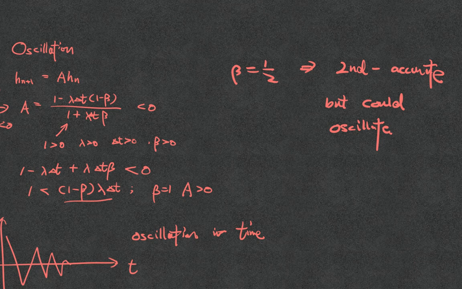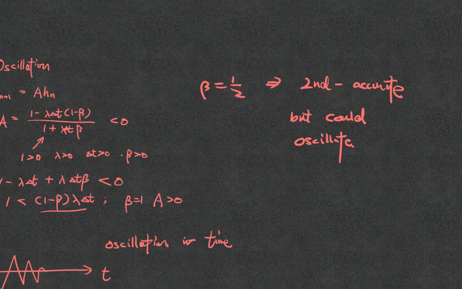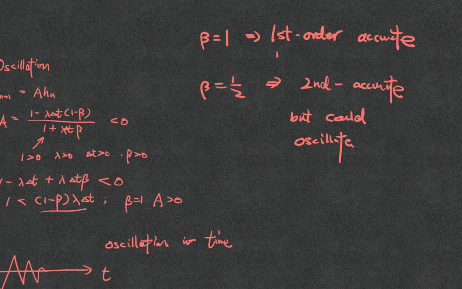That's the price you pay for being more accurate. Or I can have beta equals 1, then I'll have first order accuracy, but no oscillations. So that would be good, right?